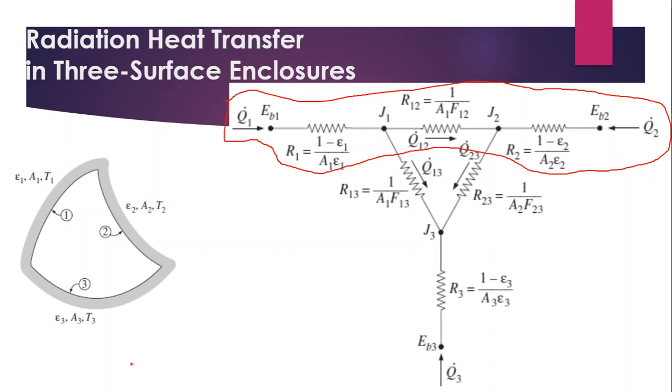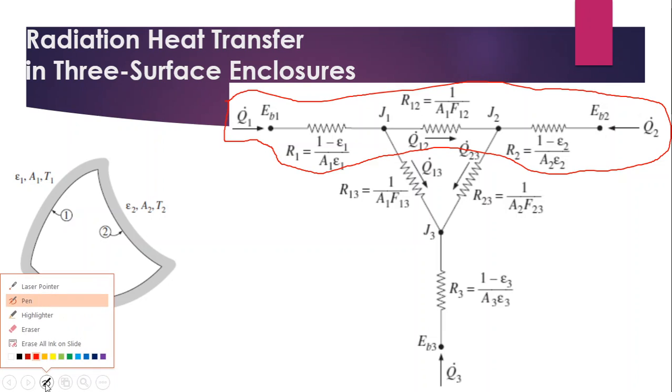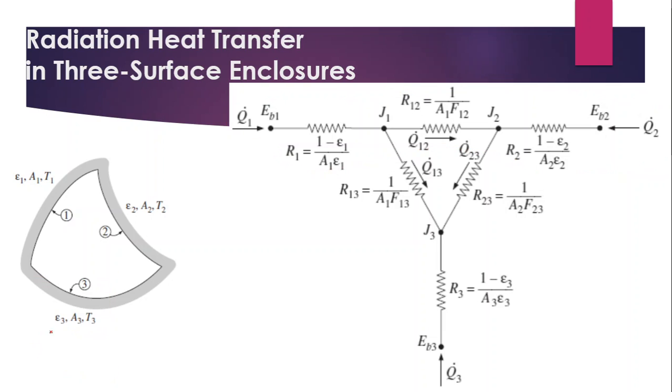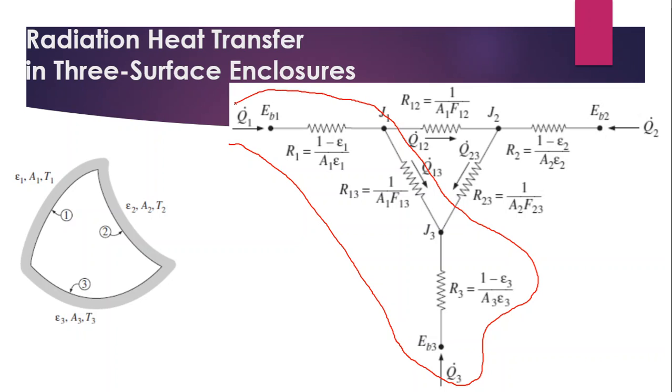As you can see in the above diagram, between 1 and 3, this network is exactly similar to the network between two surfaces.